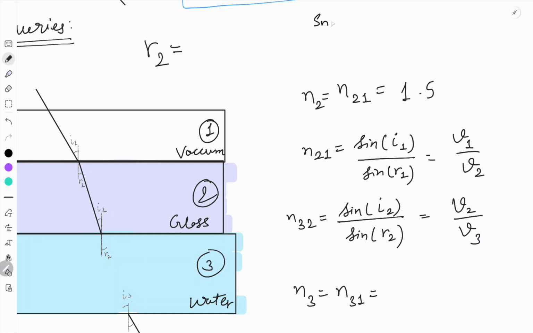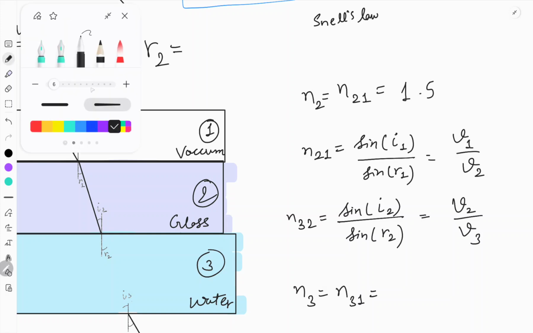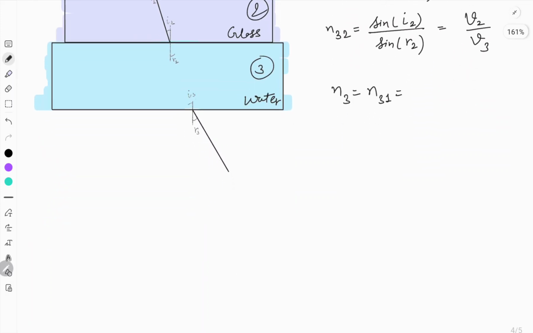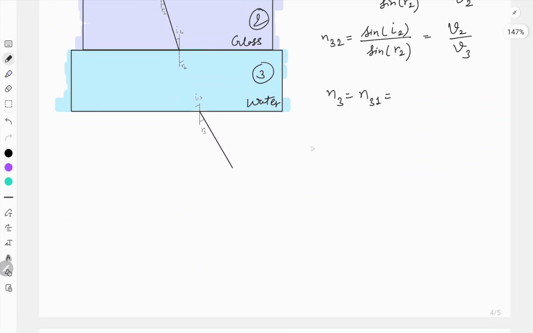So basically what we are trying to do here is see what this R2 will be, and we are trying to prove that if light goes, I'm writing it in short form, from a rare medium to a dense medium, then does it move towards the normal or away from the normal?